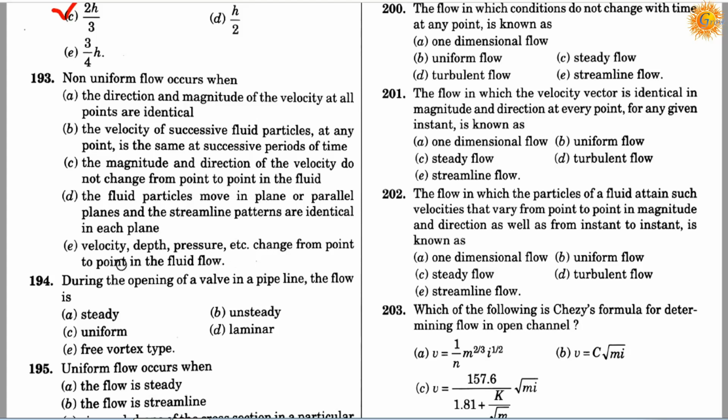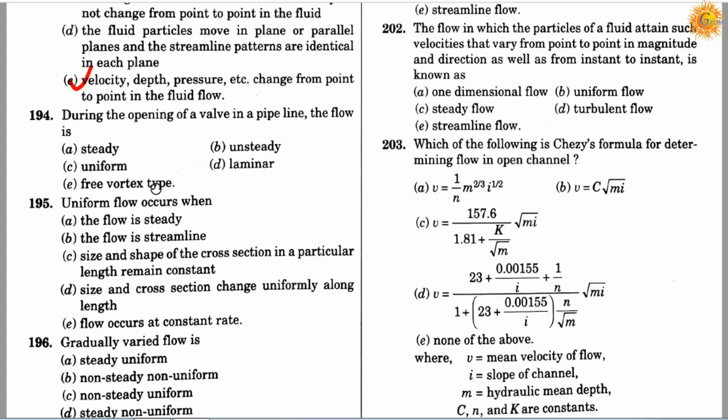So the correct answer is E, velocity, depth, pressure, etc. change from point to point in the fluid flow.